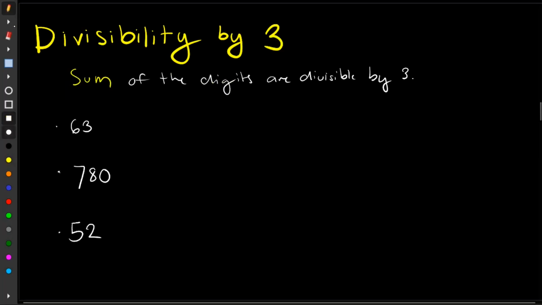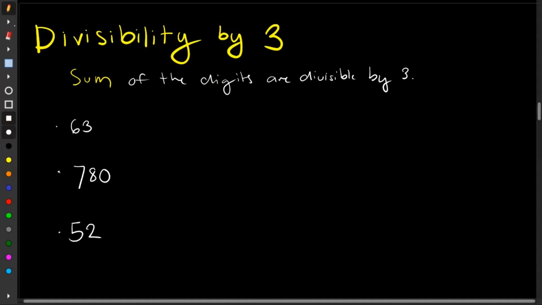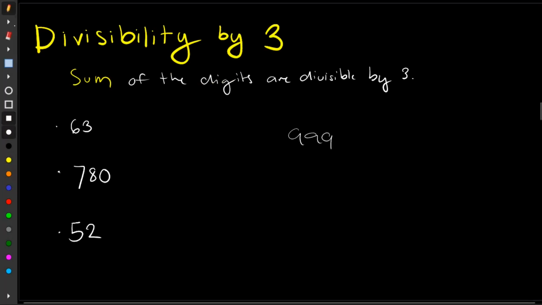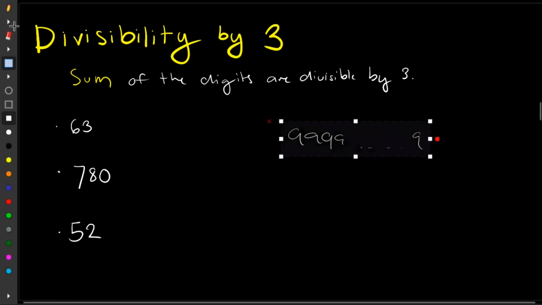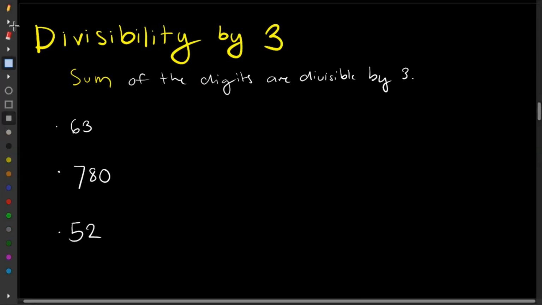Now for the divisibility by 3, simply check the summation of its digits. What we're doing here is simplifying a larger number. Say if we have a big number, say 99999 with so many digits, we can simply add its digits and check if that is divisible by 3.